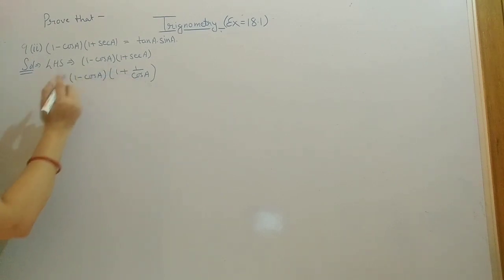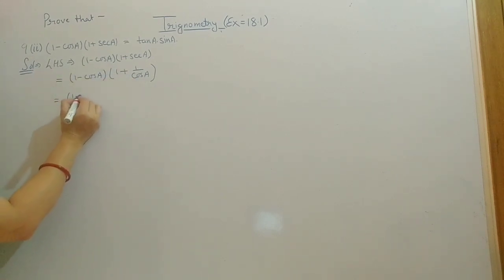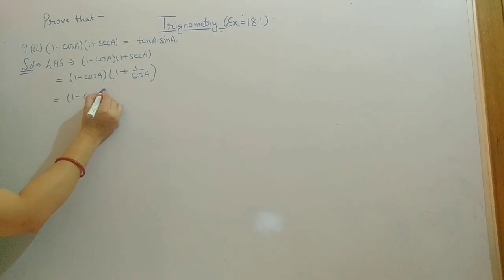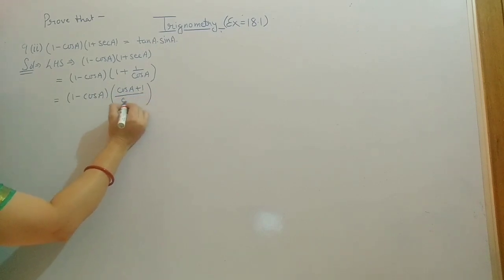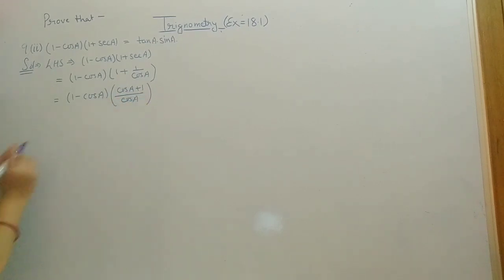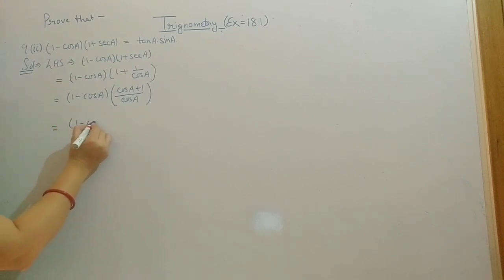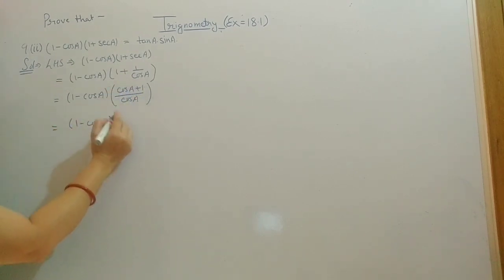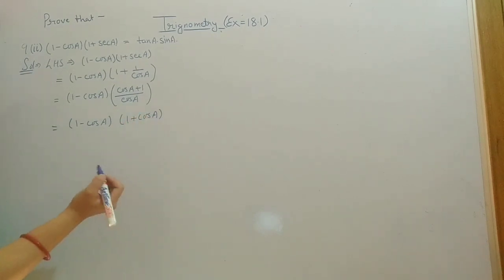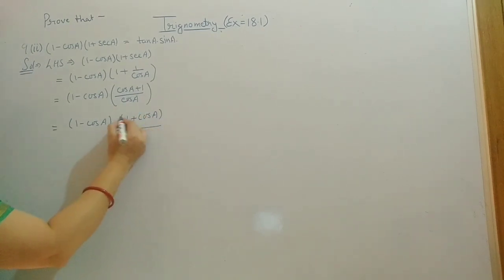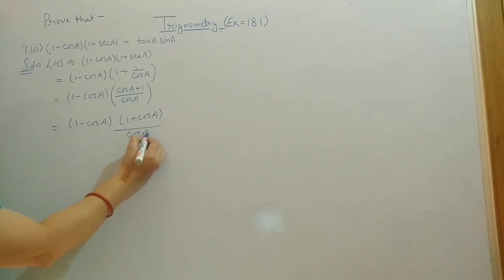Then next step we will take the LCM for this bracket. 1 minus cos A, and if you take the bracket you will get cos A plus 1 by cos A. 1 minus cos A, and this thing we can write as 1 plus cos A also, because addition is commutative. We can change the order, by cos A.